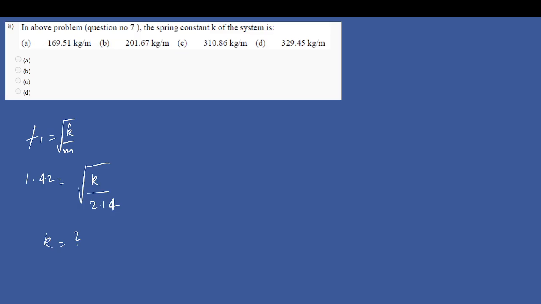1.4 square, 2.01. 4.34. No, no, K is not 4.3.